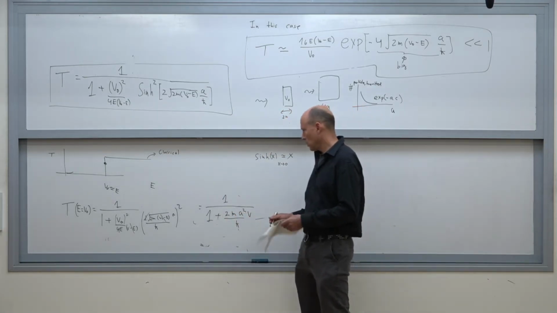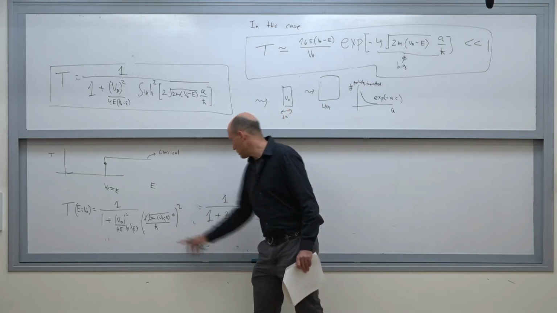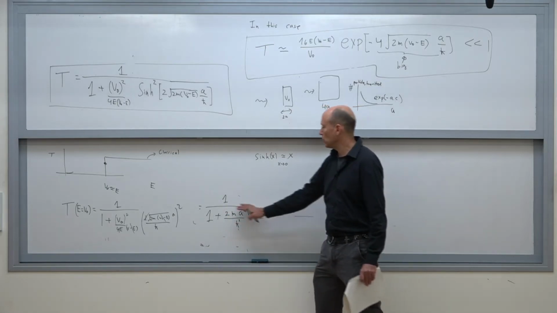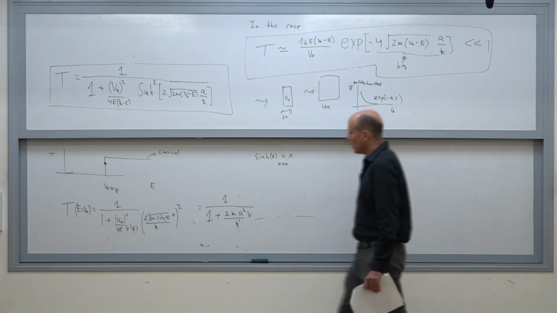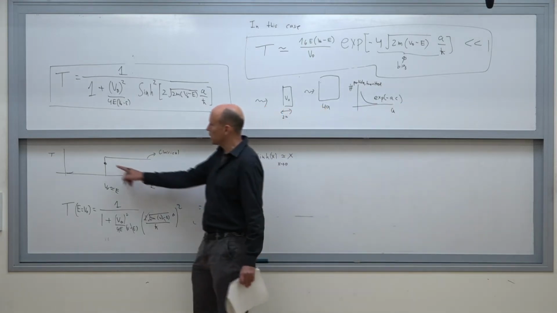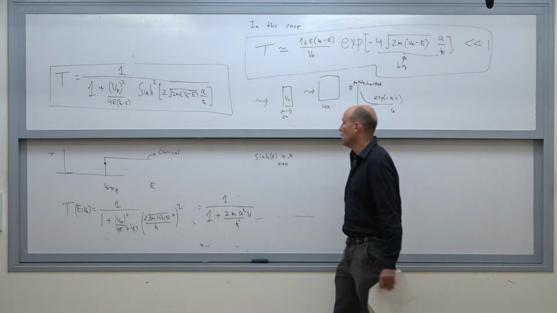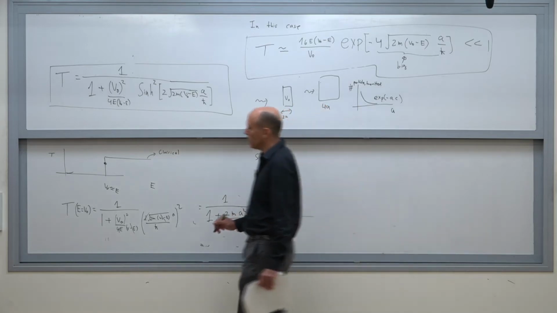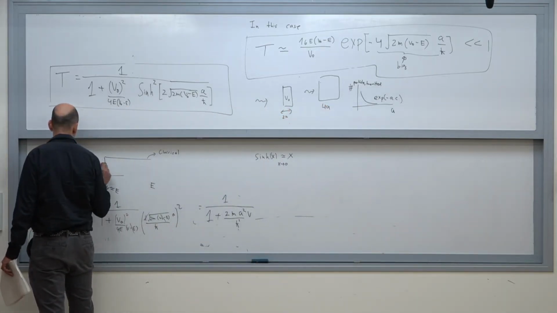This is h bar squared because here I have h bar squared. You see immediately this has units of 1 over energy, so the units here are dimensionless. This is good and this is okay. So here I calculated the value of this point. The value depends on what V is, what m is, etcetera. It can be many things, but it's this particular value. And then more or less I have this type of behavior.